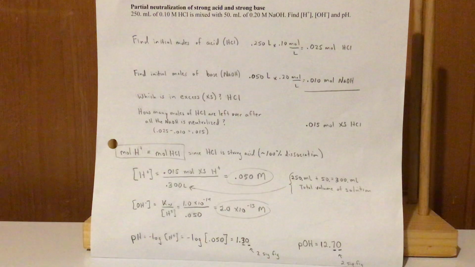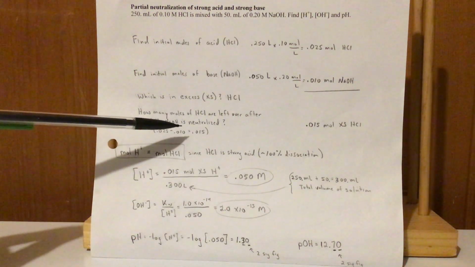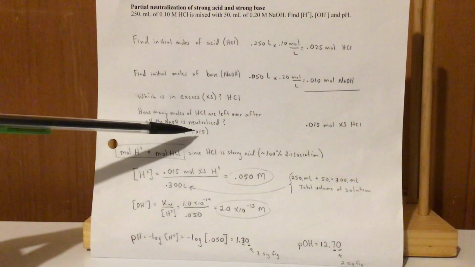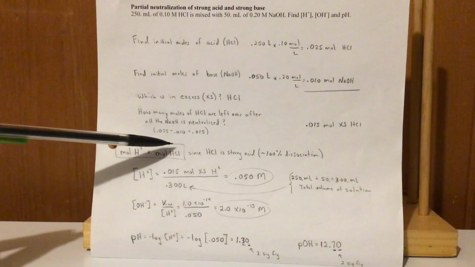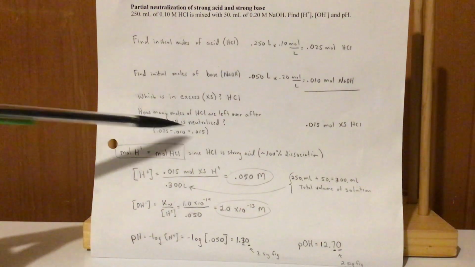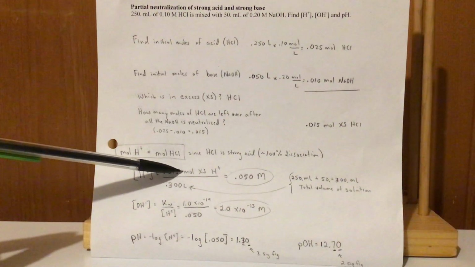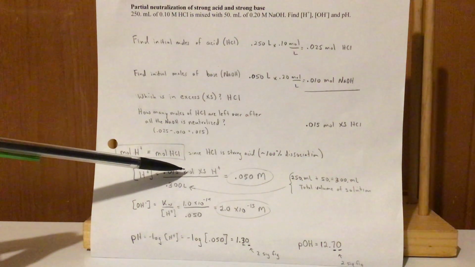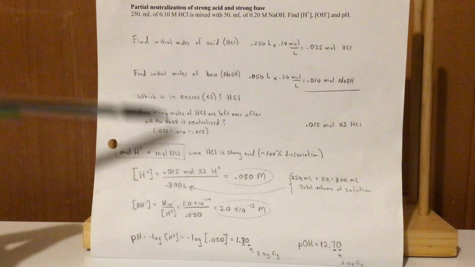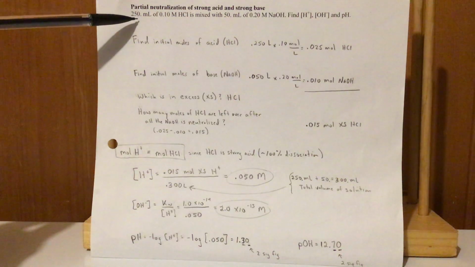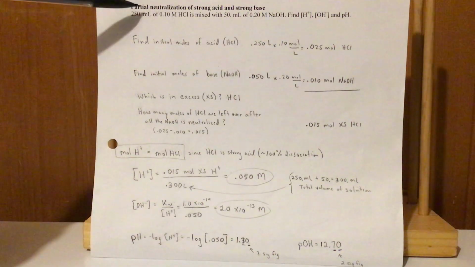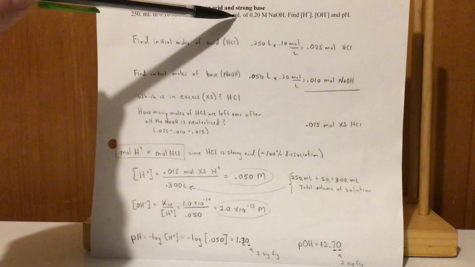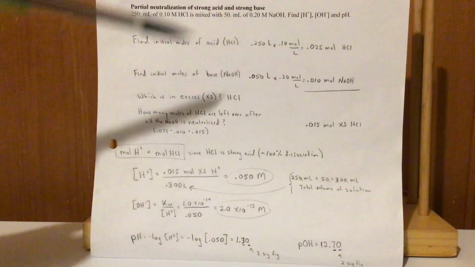In order to find my concentration, I'm going to take that 0.015 moles, which is the difference between those two. And remember, HCl is a strong acid, so it completely splits up or dissociates. So I'm going to take that 0.015 moles and divide it by the total number of liters in the solution at this point, which is the 250 milliliters I started with, and all of the acid that I started with, and the 50 milliliters of the NaOH.